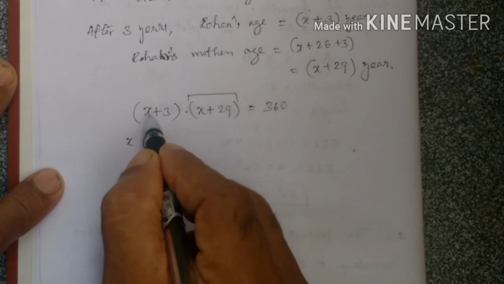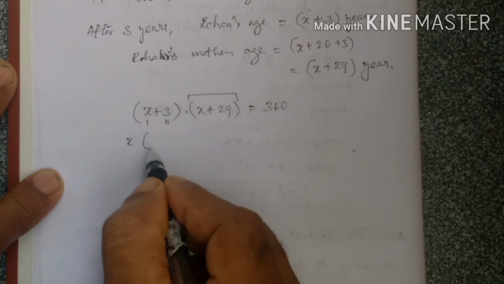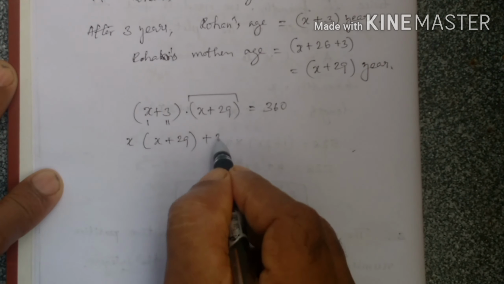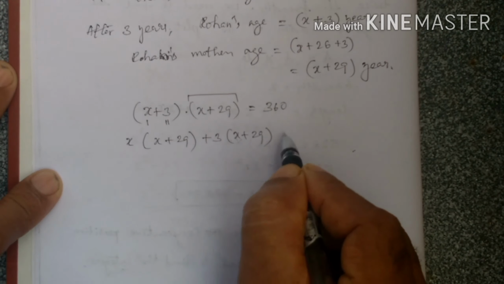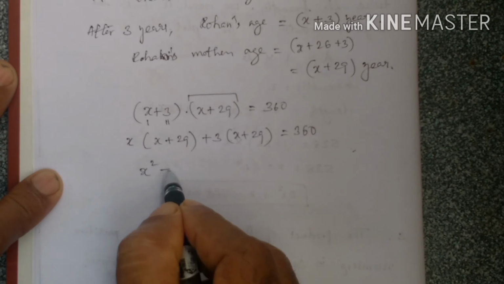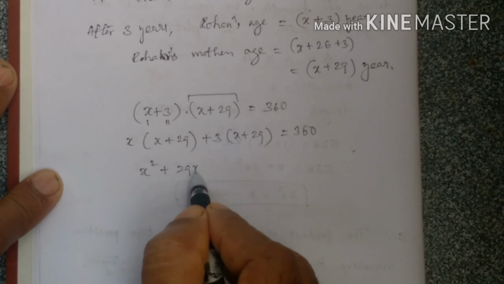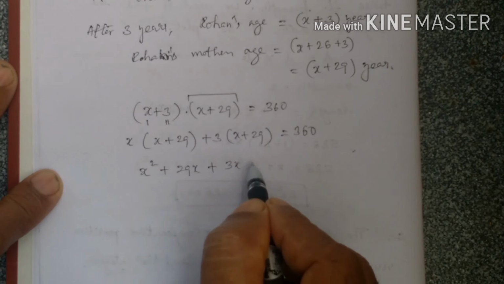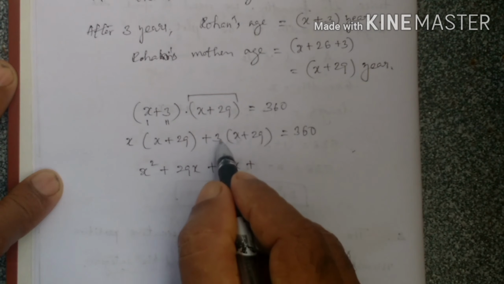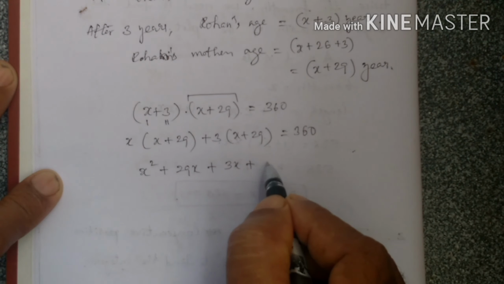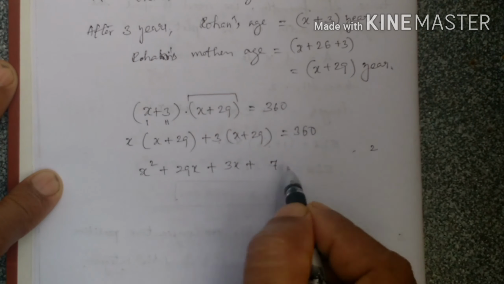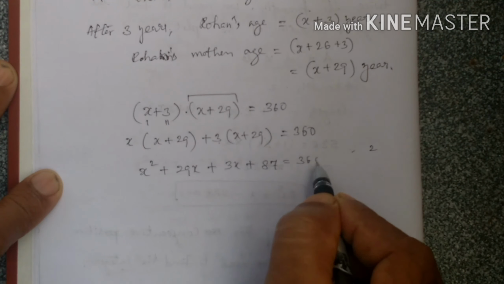Keep one as constant, and the first term, second term you can distribute. X into X plus 29 plus 3 into X plus 29, that is equal to 360. Now multiply: X into X is X square, plus 29 into X, plus 3 into X, plus 29 into 3. That is 9 3s are 27, 2 carry, 3 2s are 6 plus 2, 87. That is equal to 360.